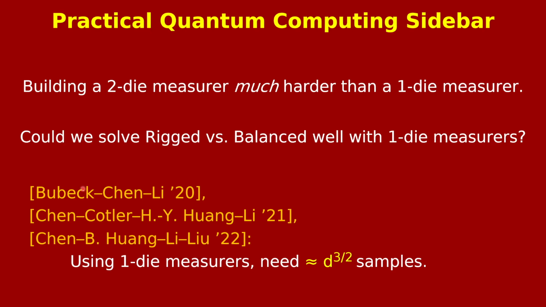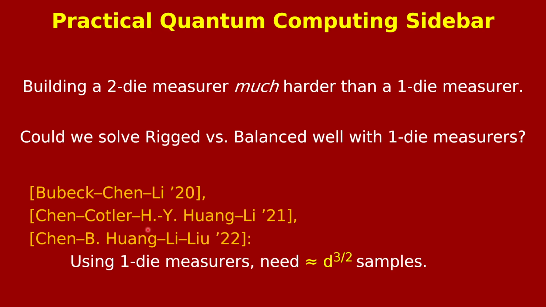So you can have a 1 die measuring device and get many copies and use your 1 die device many, many times. But if you're going to do that, you're going to need a number of copies that scales with d, even like d to the power of 1.5. Whereas we saw if you're allowed to build a measuring device that can just measure 2 particles at a time, you can do a great job with like 20 copies of the state, independent of d.